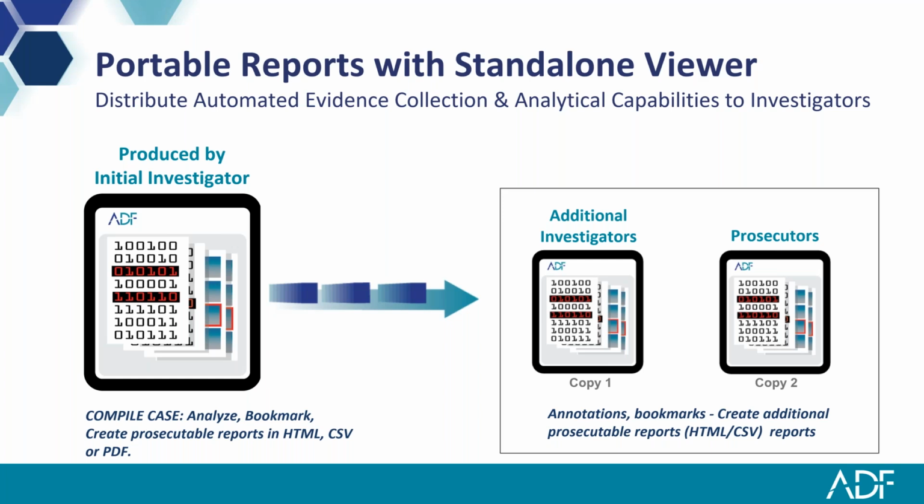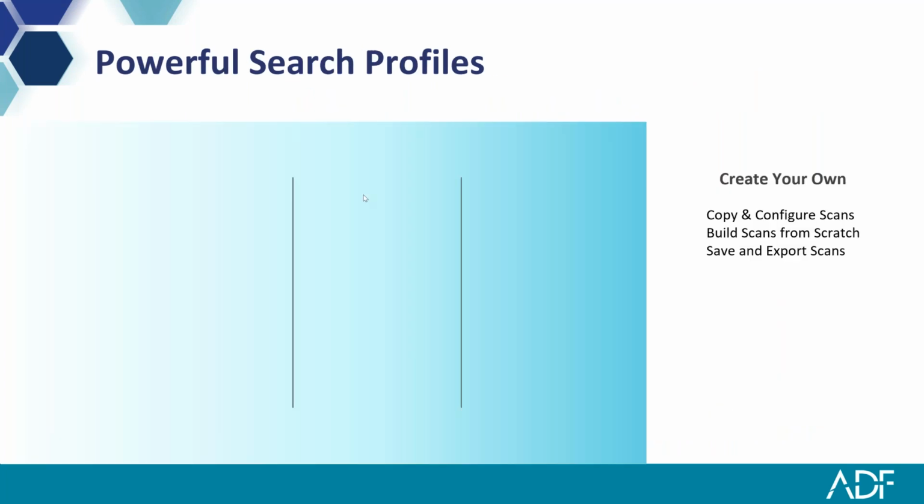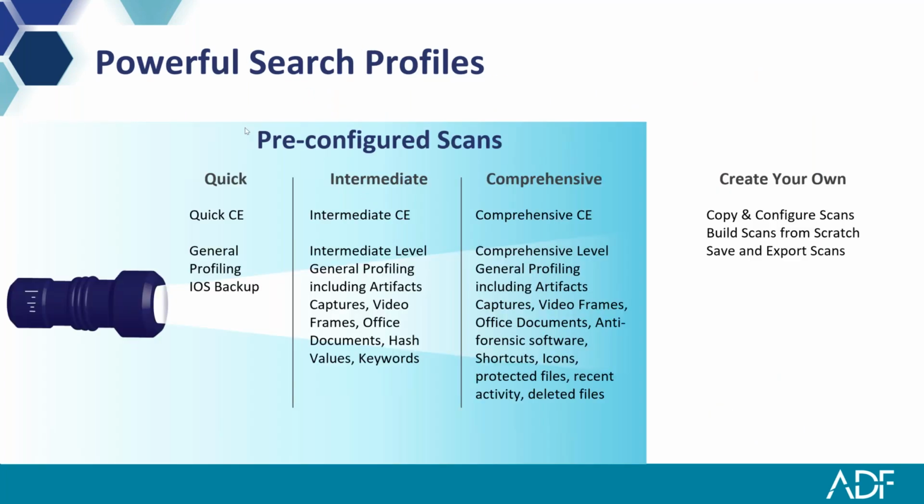And if it needs to come out 3 years from now or 2 years from now for court, it's going to come out like the day you put it away. Nothing's changed in it. You don't have to worry about backwards compatibility, licensing, or any of those issues. It is there for you to open and do what you need to do. No reinstalling software or any of those issues.